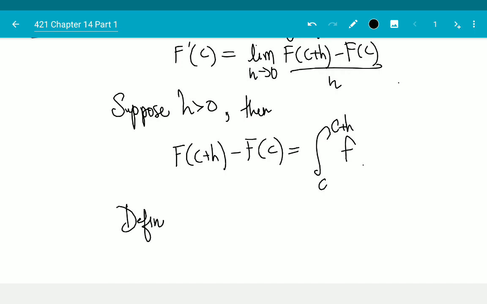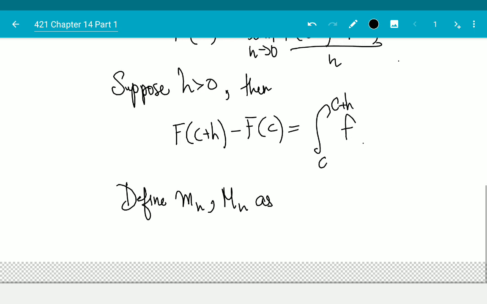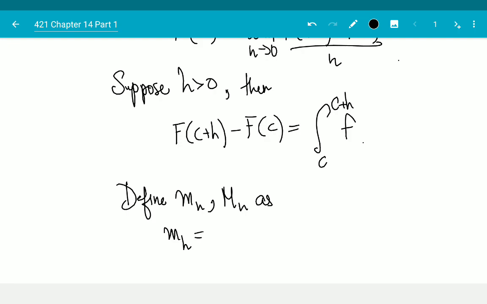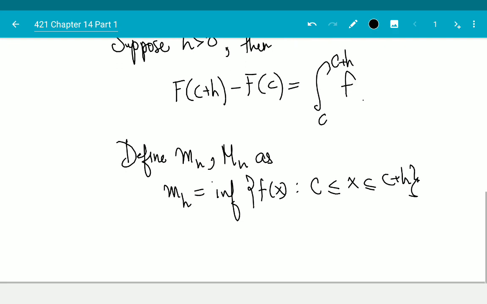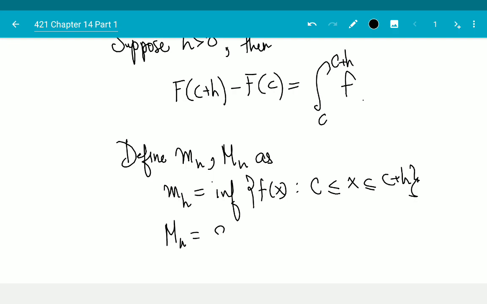Define small m_h and capital M_h as follows. Small m_h is equal to the infimum of f of x on the interval c smaller than or equal to x smaller than or equal to c plus h, and capital M_h is equal to the supremum on the same interval of f of x, c smaller than or equal to x smaller than or equal to c plus h.